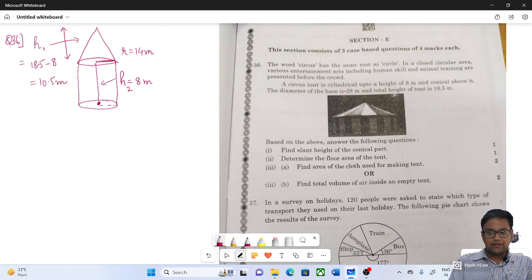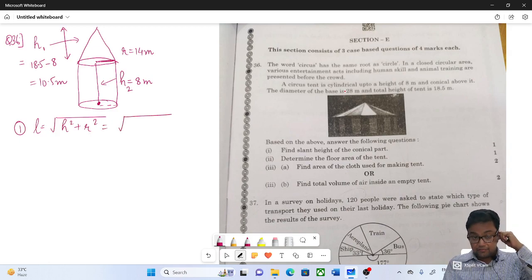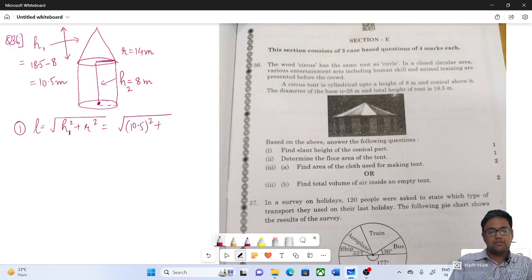Find the slant height of the conical part. So slant height can be found by the Pythagoras theorem, the square root of h square plus r square. Now which height will be utilized over here, children? This height H1, right? So better would be to write H1. So H1 square, that is 10.5 square, plus r square, that is 196, right?